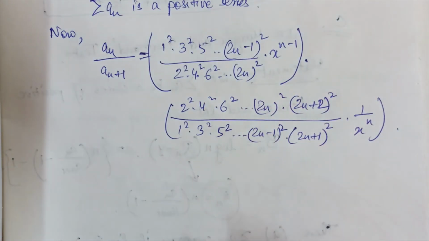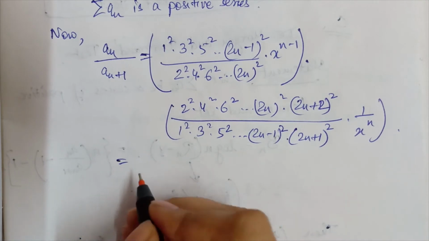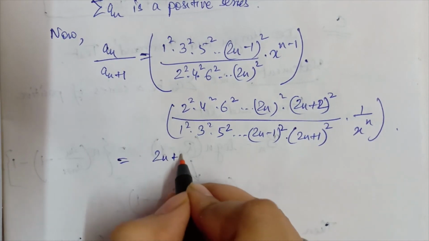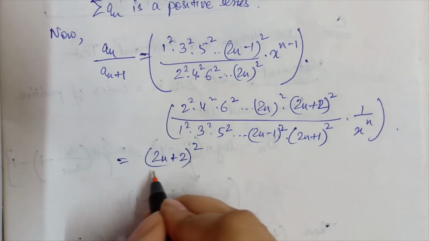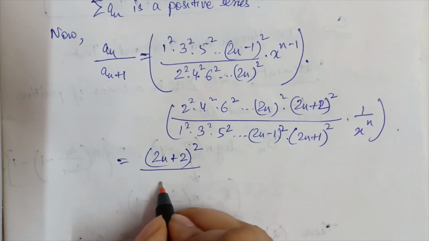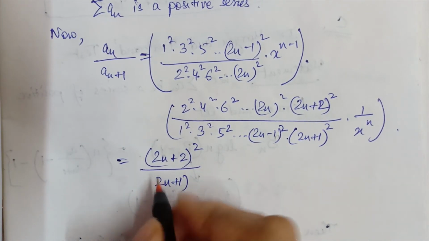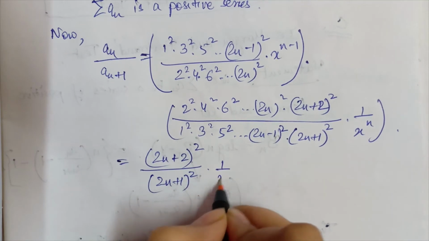Now solving this, we get 2n plus 2 whole square by 2n plus 1 whole square into 1 by x.